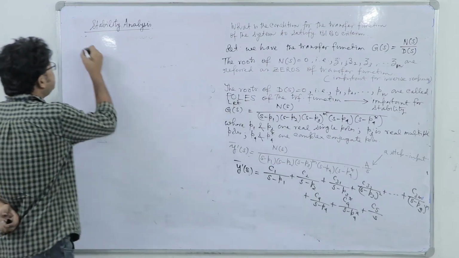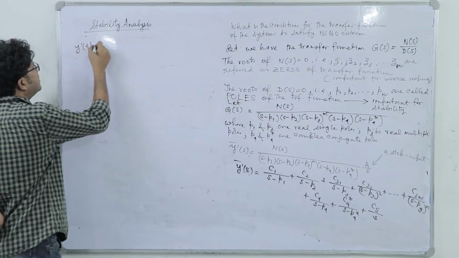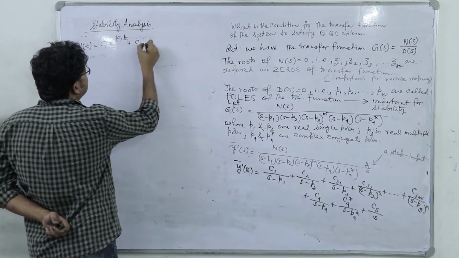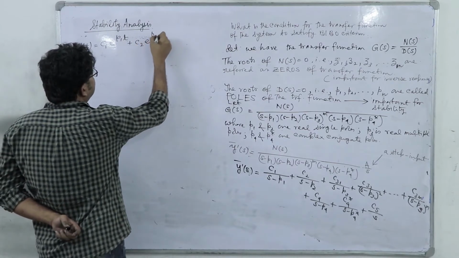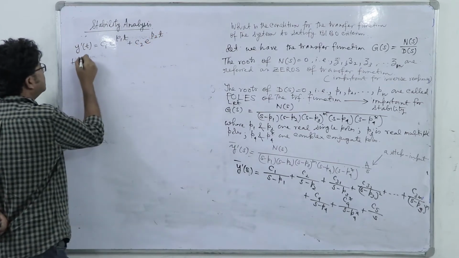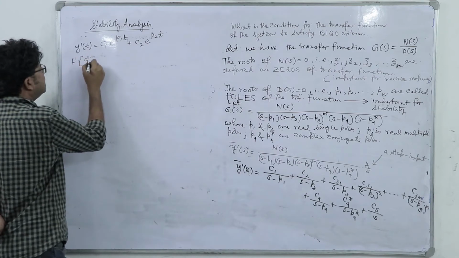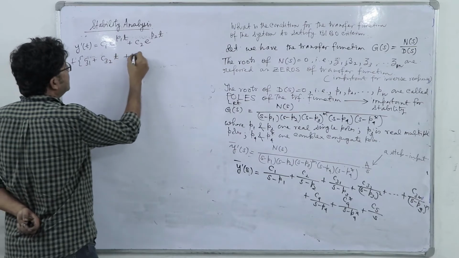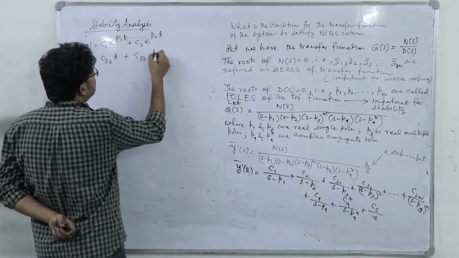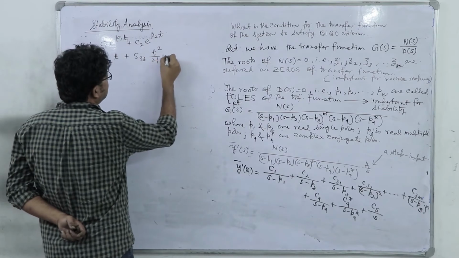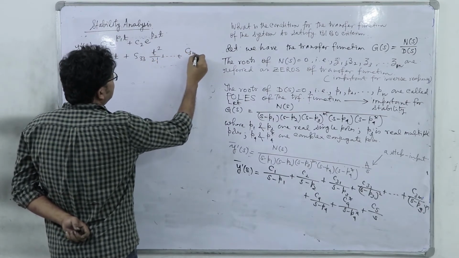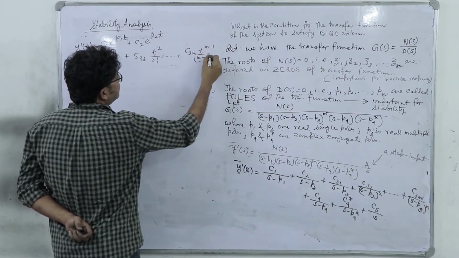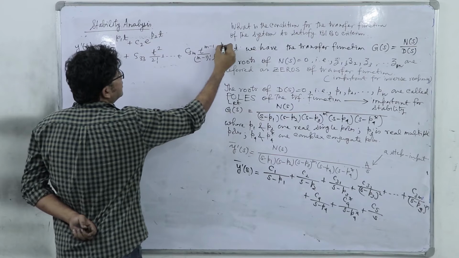So y'(t) is C1 e to the power P1t, then C2 into e to the power P2t plus C31, C32 into t, C33 t square by factorial 2, C3m t to the power m minus 1 by (m minus 1) factorial into e to the power P3t.